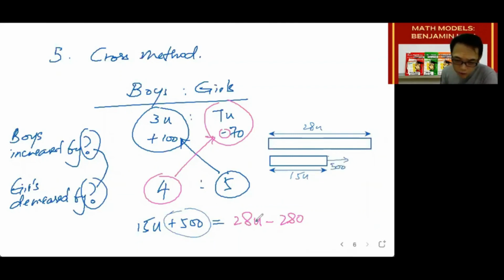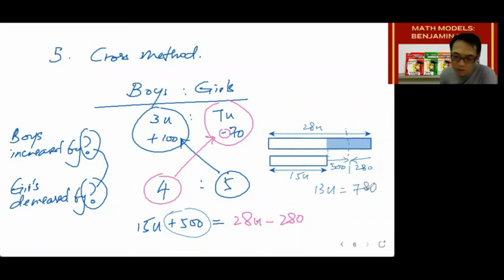And if I were to decrease 28 units by 280, I will get a shorter model. So you have 28 units minus 280, and you got 15 units plus 500. Now, as you can see, the difference between the two models is 28 minus 15, giving you 13 units, and then you add this value to make the shaded part.